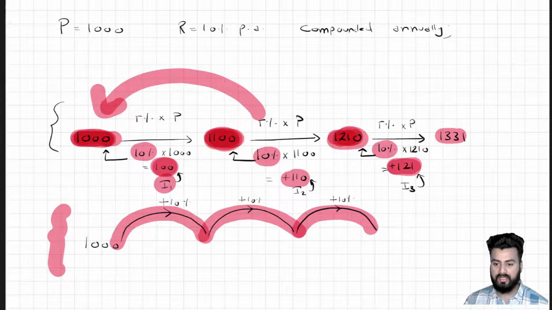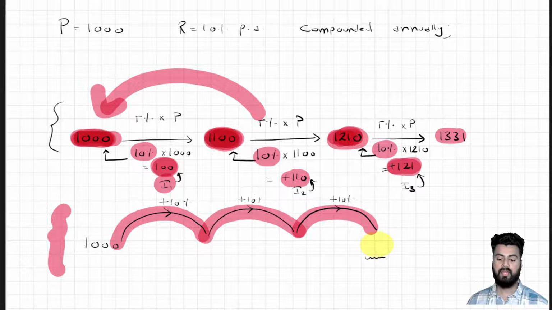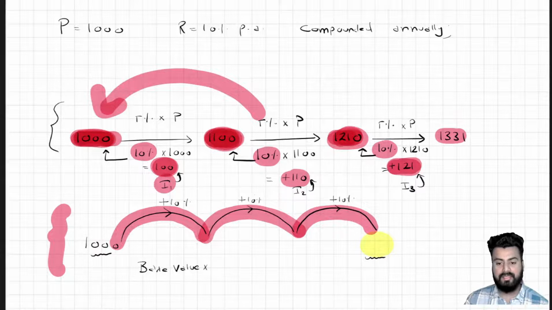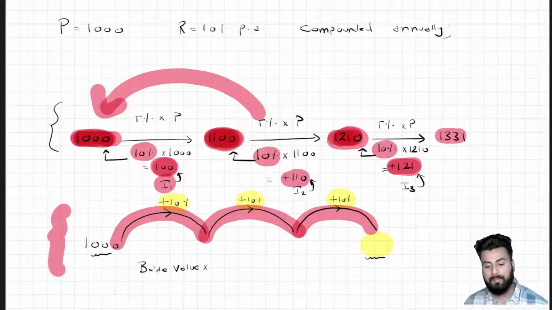In order to reach here, I can use the multiplication factor. I already know the base value, so we'll start with the base value and convert these three percentage changes into multiplication factors.